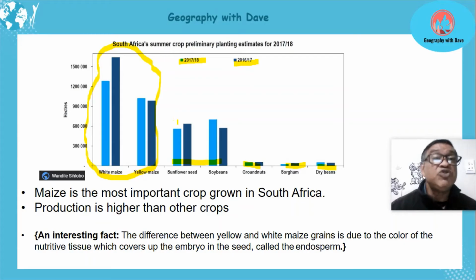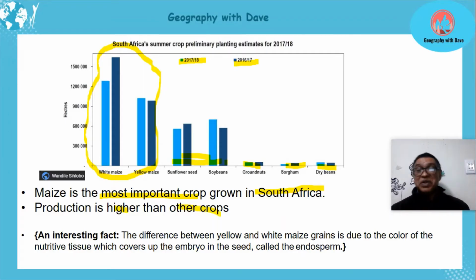The main issue I want you to focus on is how much maize is being produced compared to these other products here. Massive difference between them. So maize is regarded as the most important crop grown in South Africa. The production is higher than other crops. You can see it here, learners. High. Just out of a matter of interest, this is not part of your curriculum.